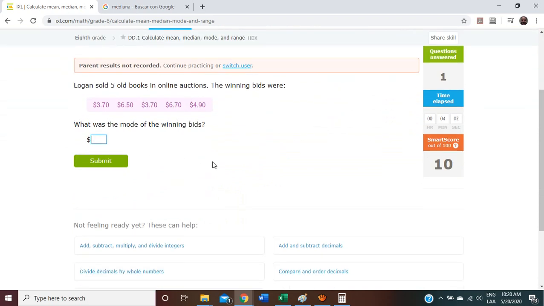Logan sold 5 books in online auctions. The winning bids were these numbers. Okay, what was the mode of the winning bids? The mode is the number that repeats the most.